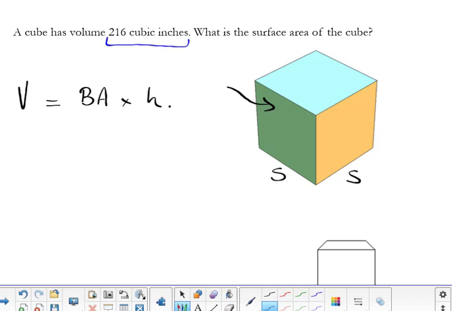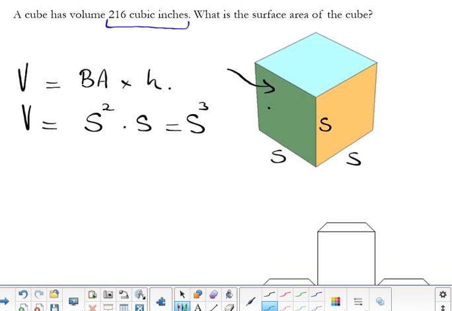So on the 3 dimensions, I can label S for side, and they all happen to be the same. So the volume of a cube is going to be the base squared, which is a square, times S, and of course that's S to the power of 3. That also explains why S to the power of 3 is S cubed, and that's why we call it a cube, isn't it?